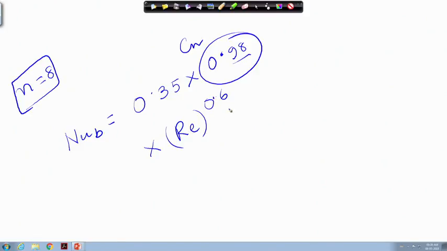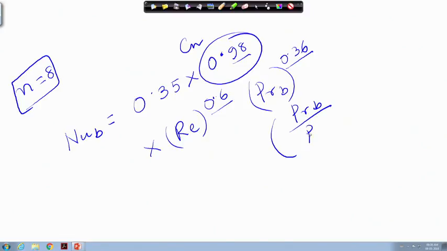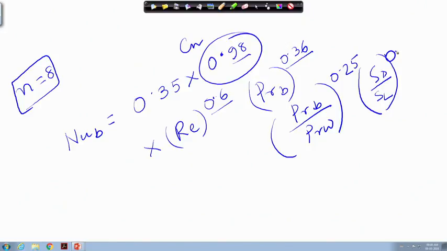Then we have Pr evaluated at the bulk mean temperature, Pr_b to the power 0.36, then (Pr_b by Pr_w) to the power 0.25, and then (SD by S longitudinal) to the power 0.2. When we evaluate this, it comes out to be 66.3.